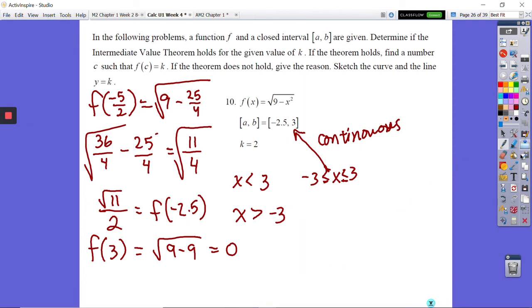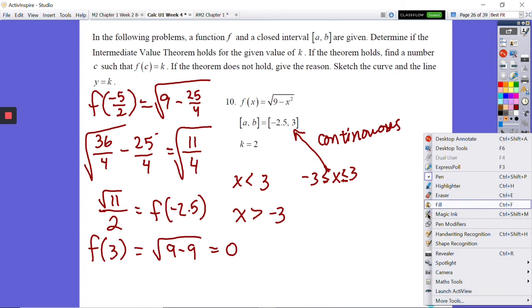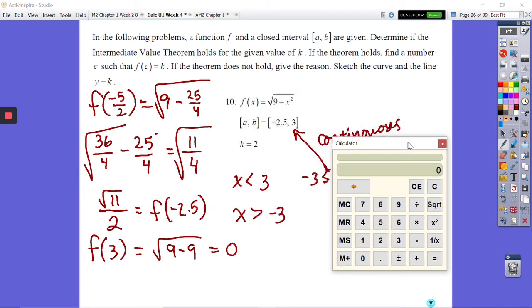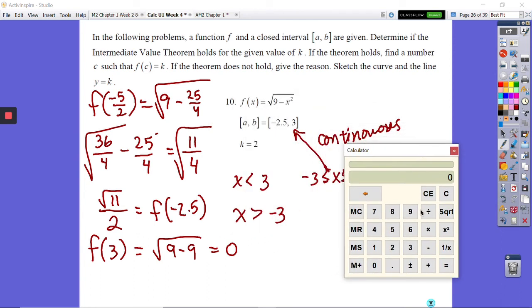So let's get a calculator. Not the greatest calculator in the world, but I do have the square root button, so I need the square root of 11. The square root is, like I said, bigger than 3, divided by 2, which is smaller than 1. So k is not in my interval, so it doesn't matter.